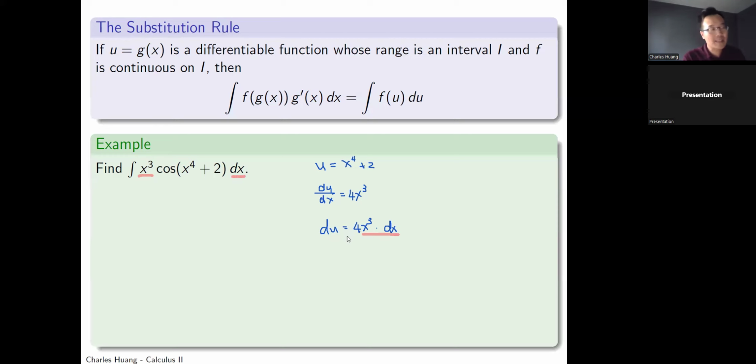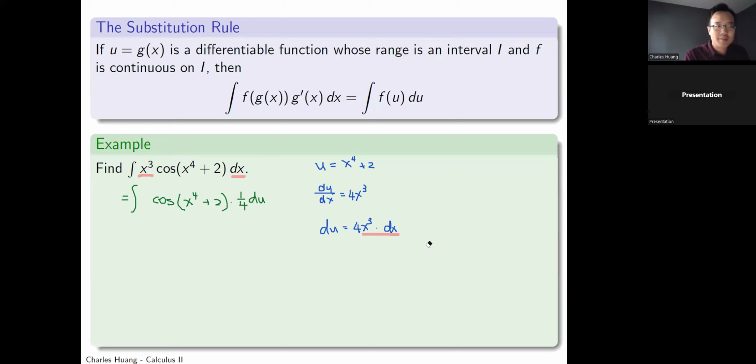You can look at these two and say that we substituted and we have cosine of x to the 4th plus 2, and then multiply. So the red part here is substituted to become 1/4 du. Okay, something like that. We can do this.